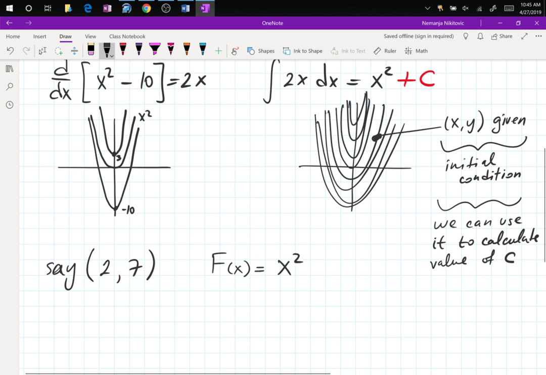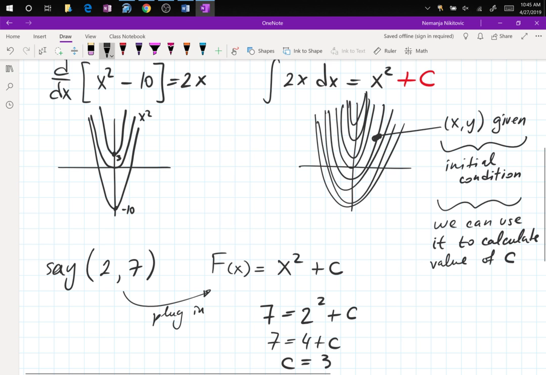We have capital F of x is equal to x squared plus c. So just plug in. You have 7 is equal to 2 squared plus c. 7 is equal to 4 plus c. c is equal to 3. And you determined that the antiderivative is x squared plus 3.